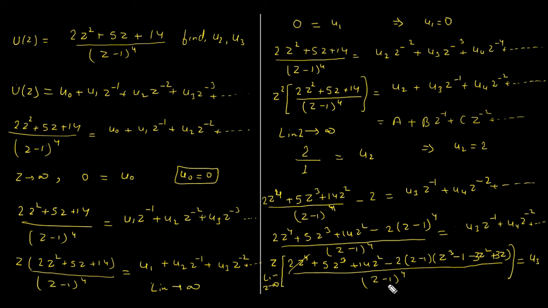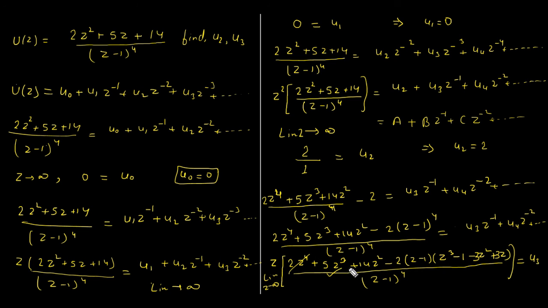In the denominator we will have z⁴, so 1, and in the numerator we will have 5 from here, and the z³ term.